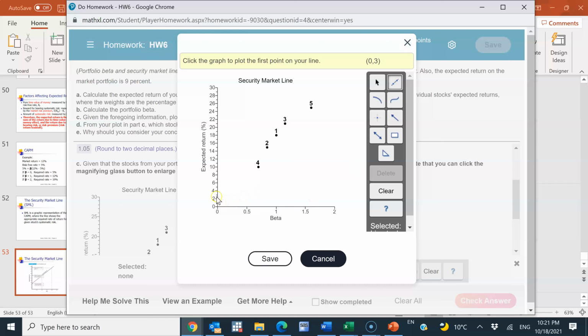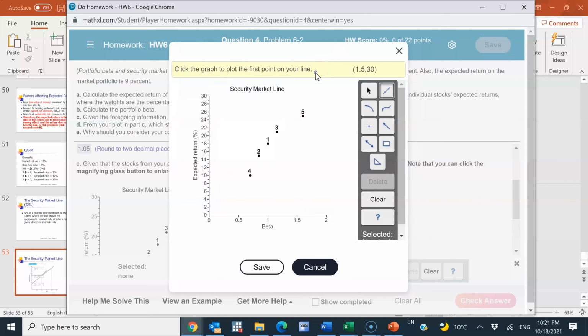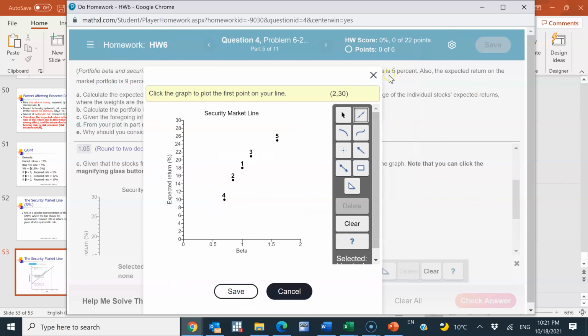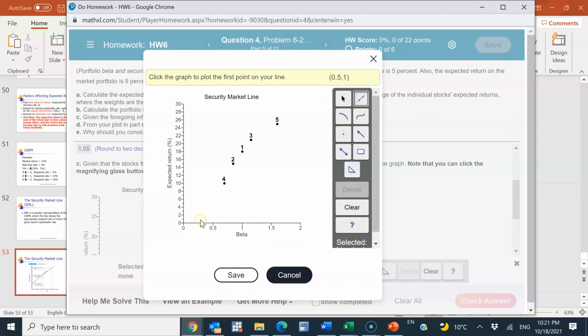First point is that when beta equals 0, so that goes to our vertical axis. So going back to the setup, the risk-free rate is 5%. So the first point should be that beta equals 0, and the return should be 5. So it's right here.